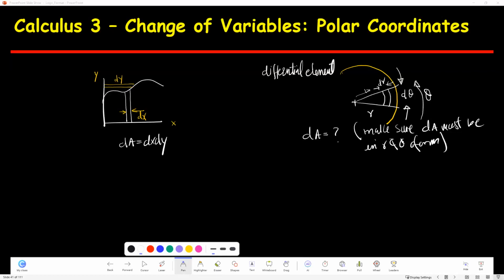So we're going to learn how to change that. For example, I'm going to take a differential element in polar coordinates and convert it.